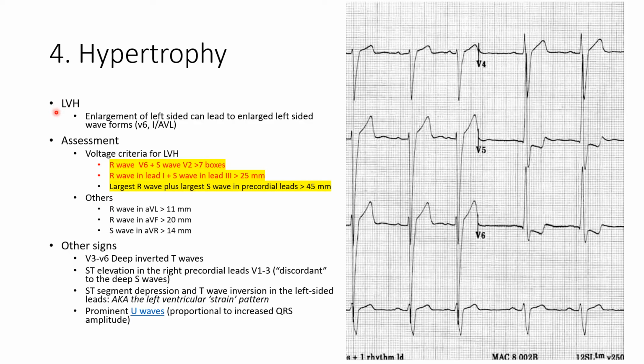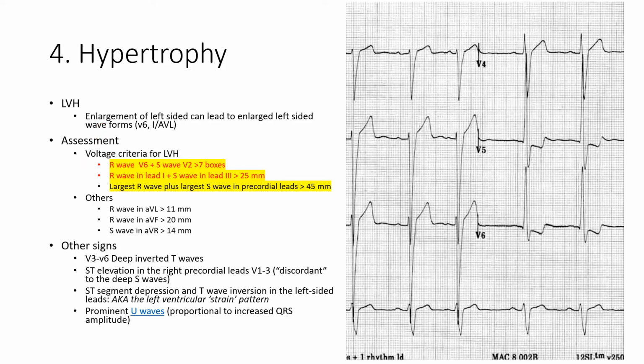Here, we can look for left ventricular hypertrophy on leads that actually assess the left ventricle. So you can look for enlargement of left-sided leads like V6, 1, and AVL. To assess for left ventricular hypertrophy, there's something called the voltage criteria. There's a lot of different ones.